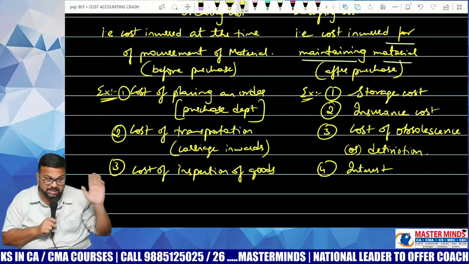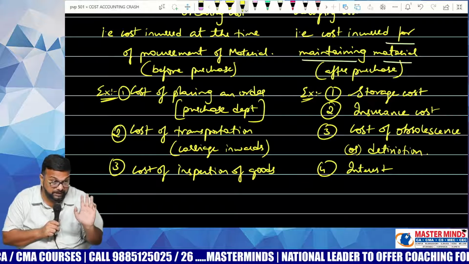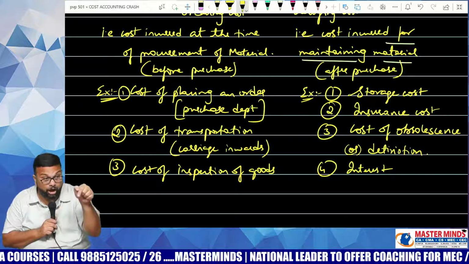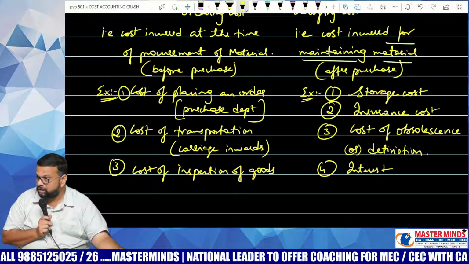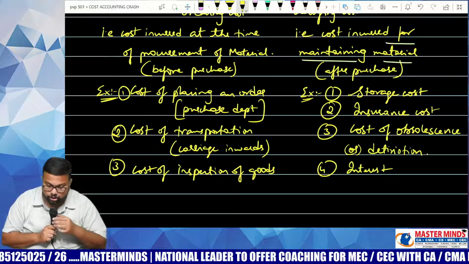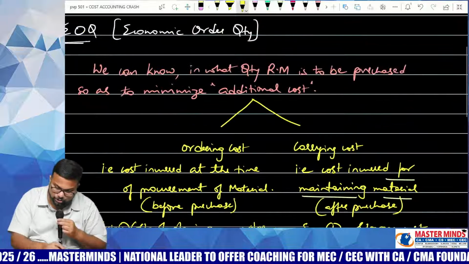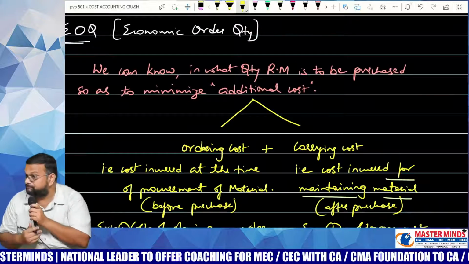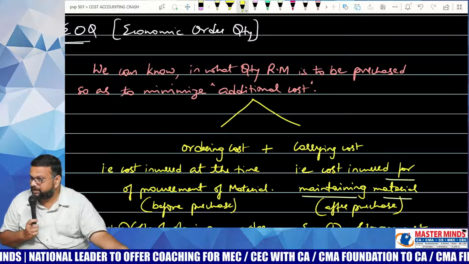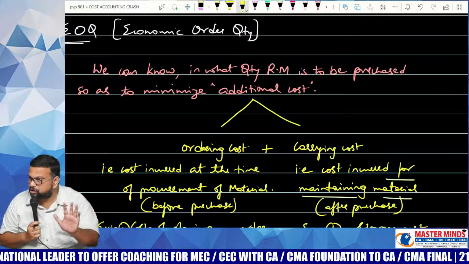Now, if you see the examples, nowhere have I mentioned raw material purchase. These are the costs that you will incur along with raw material purchase cost. Now, the objective of EOQ is to make sure that the summation of these 2 costs is minimum. Am I clear?